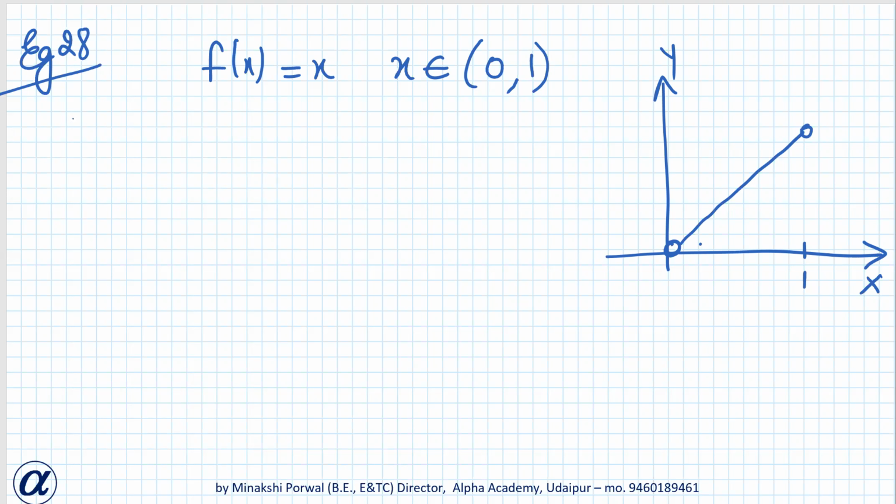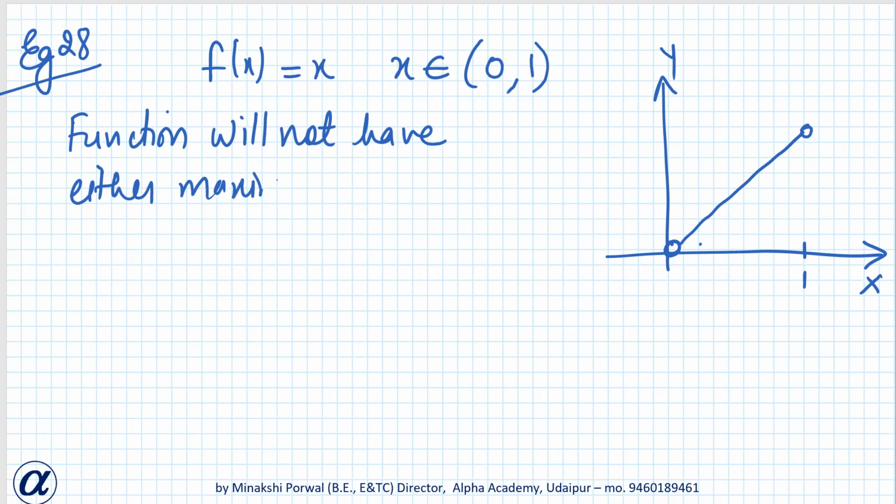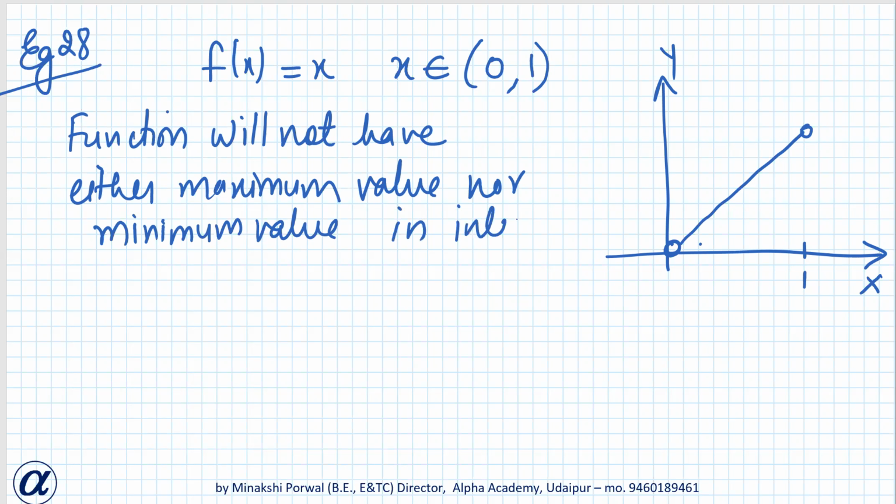Okay, the function will not have either maximum value nor minimum value in this interval. When it is an open interval, we know that the minimum value would be immediately after 0, so 0 is not part of the domain, because it is an open interval.